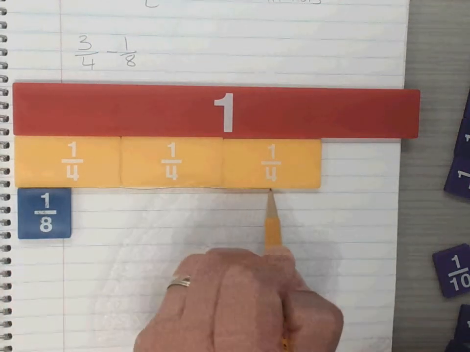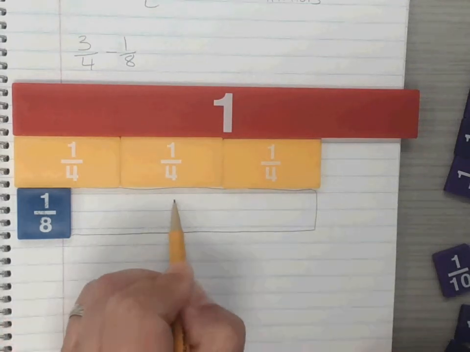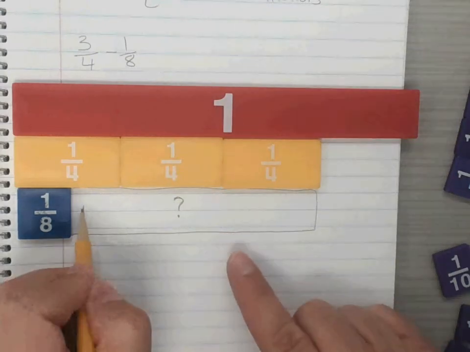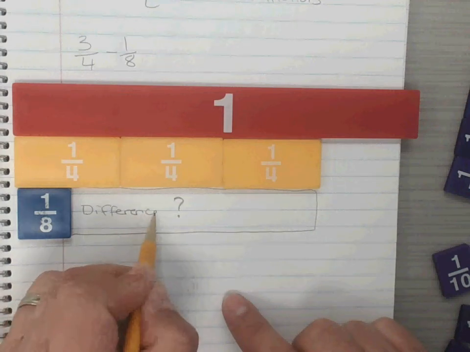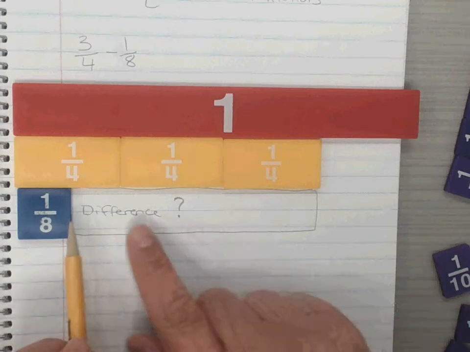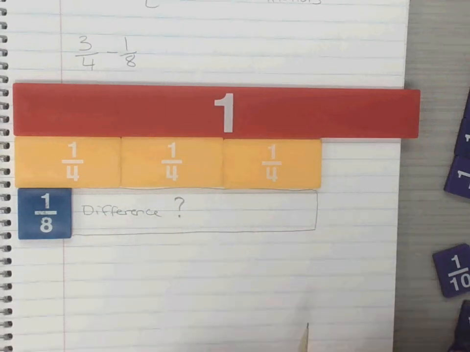I have this right here that is left. This is my difference. And you know, when I like to say how much more or how many less, well, this is how much more is left here. And we need to figure that out.